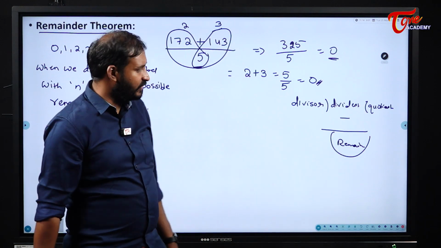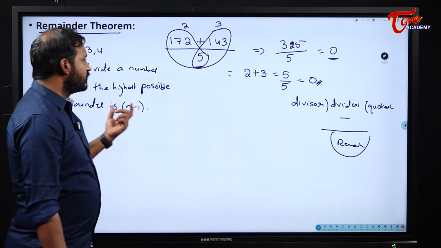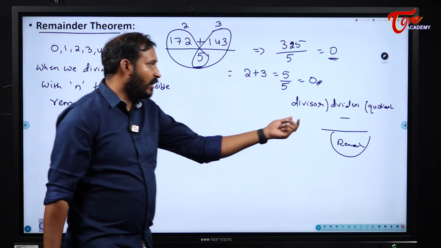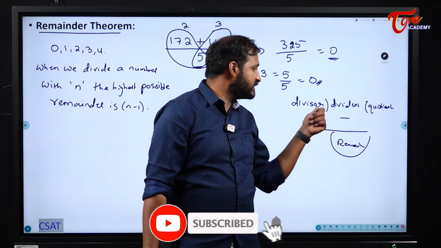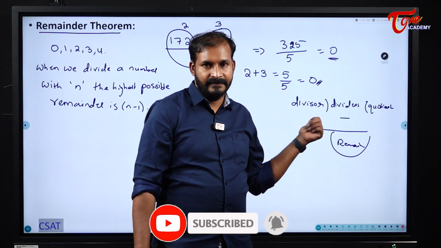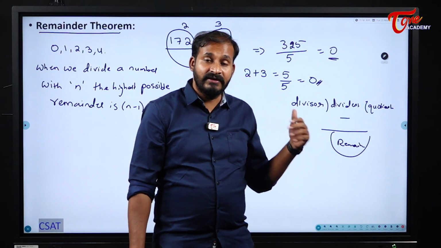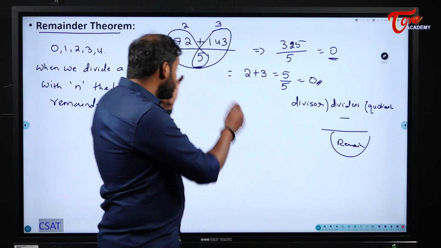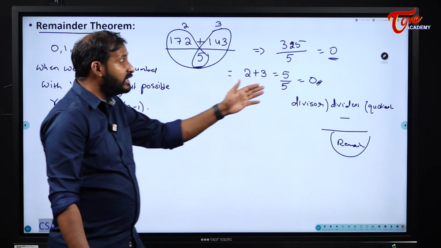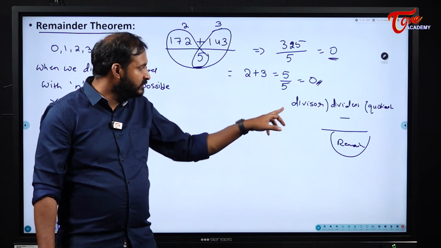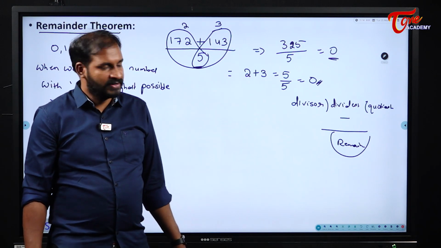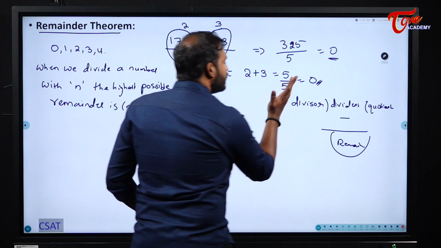So when you divide a number, the remainder will always be less than the divisor. If you get a value greater than the divisor, in general we will once again divide it with the divisor. Like this we are going to find it.